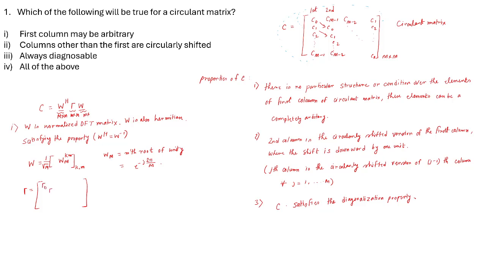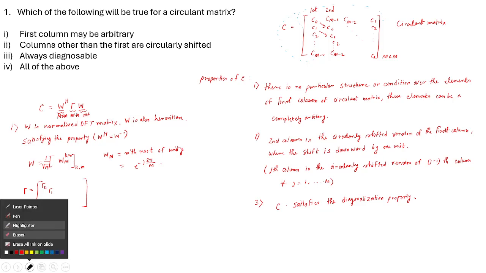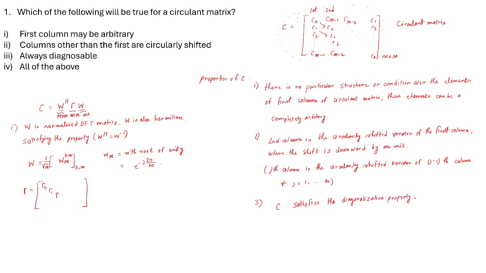Gamma 0, gamma 1, gamma 2, up to gamma m minus 1. This is a diagonal matrix of size m cross m.